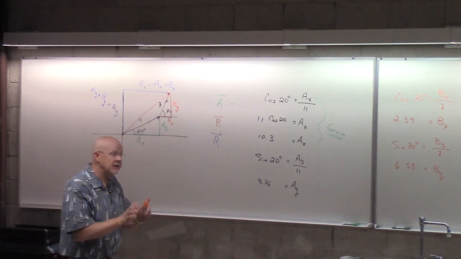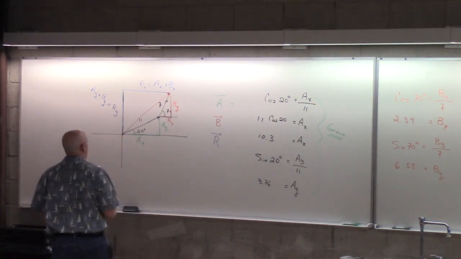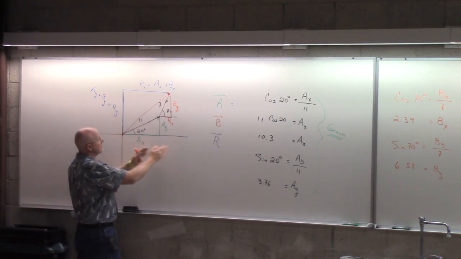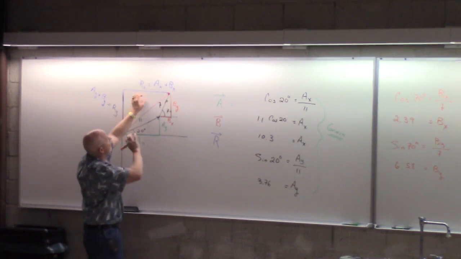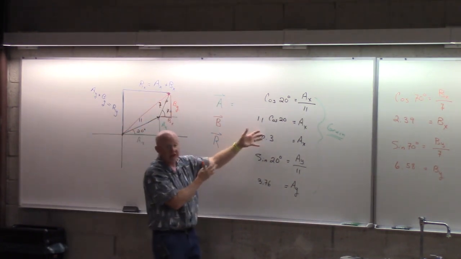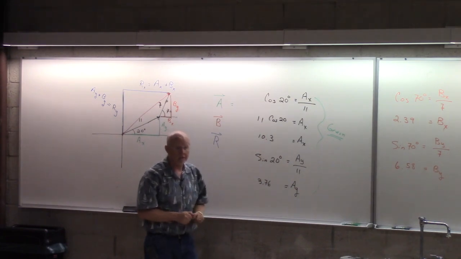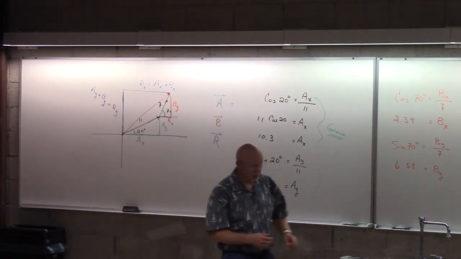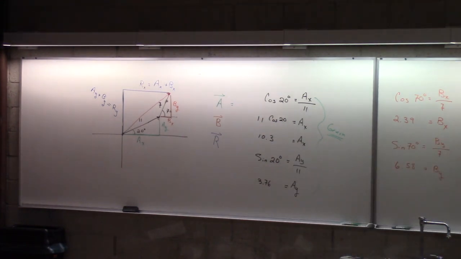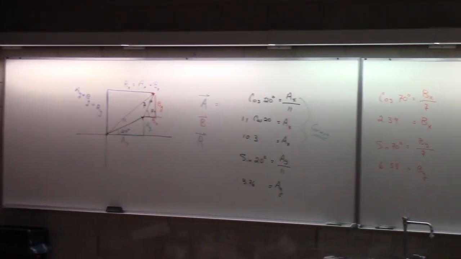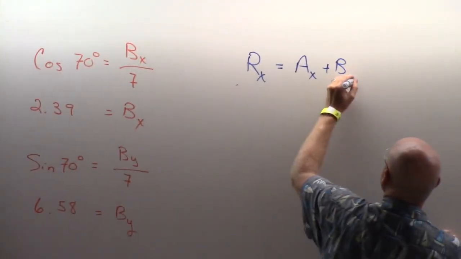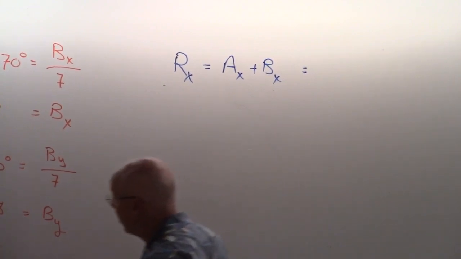But I think looking at the visual picture, you can see why I'm doing all of this, why I'm changing a magnitude and direction into x and y, because to figure out how far it goes on the x-axis, I've got to put x's with x's. So I've got to figure out what the separate x's are. And now, if I stick to my color code here, blue, I can finally say, what is Rx? Because Rx is the Ax and the Bx added together.